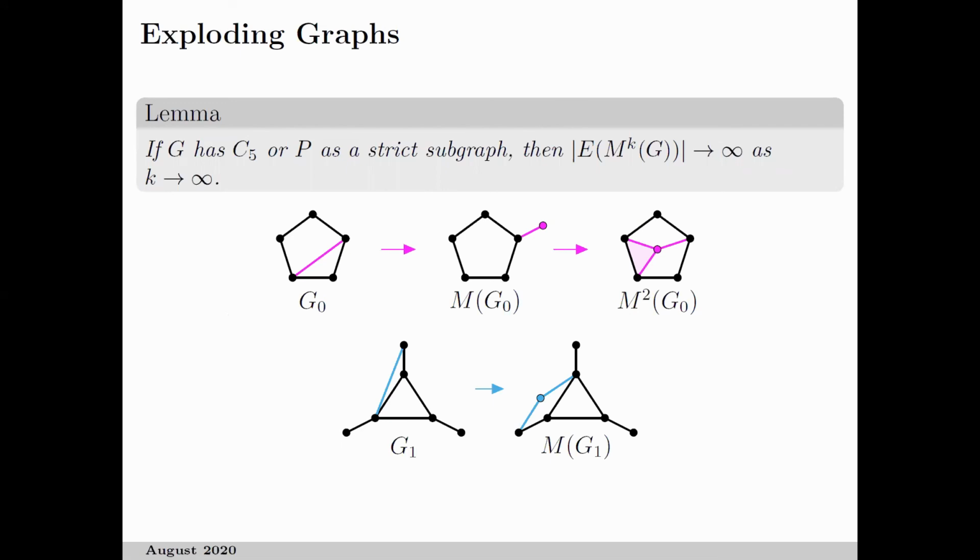Then we show that the number of edges in the kth matching of G0 grows without bound, and the result for G follows. We used the same approach for the case where G has P as a strict subgraph, and claimed that it must have this G1 as a snipped subgraph.